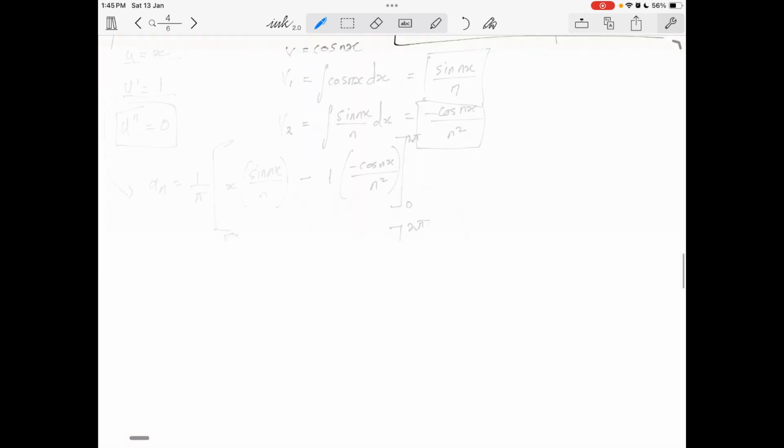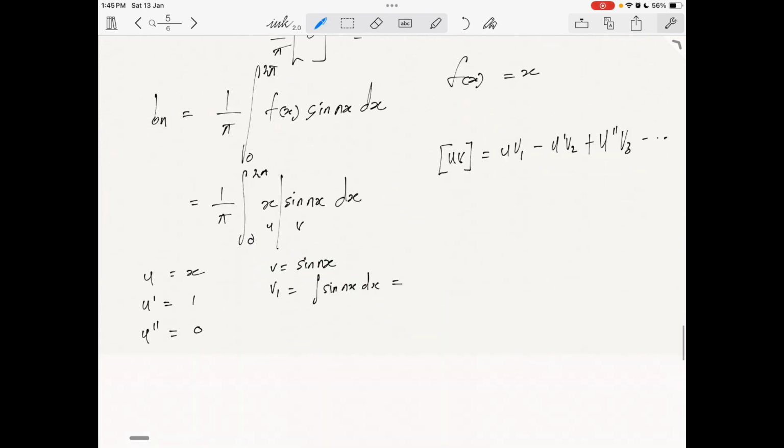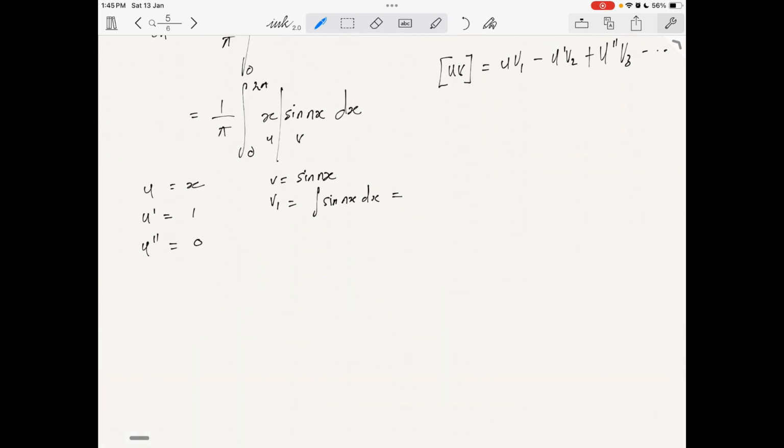So integrating sine nx, we'll have minus cos nx over n squared. And v2 will be integral of v1, which is integral of minus cos nx over n.